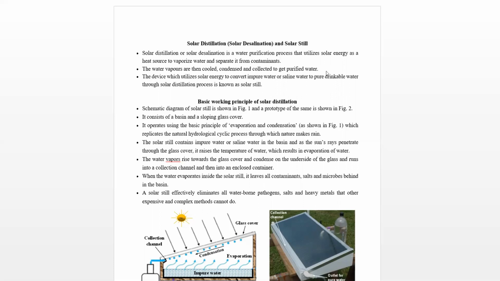Now, if we want to use the solar distillation process for purification of water, say you have impure water full of contaminants, if the energy from solar energy is supplied to this impure water, then the water will be evaporated, leaving behind all the solid impurities, including all kinds of salts, microbes, and waterborne pathogens.